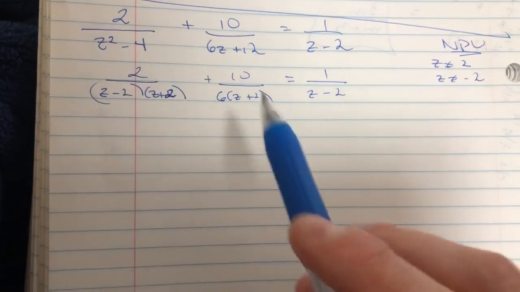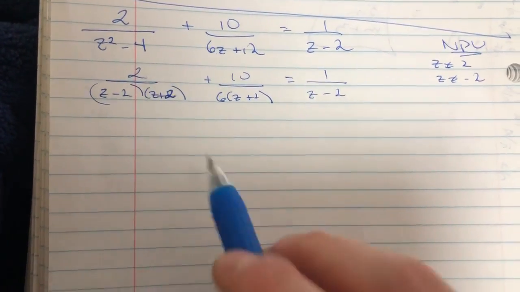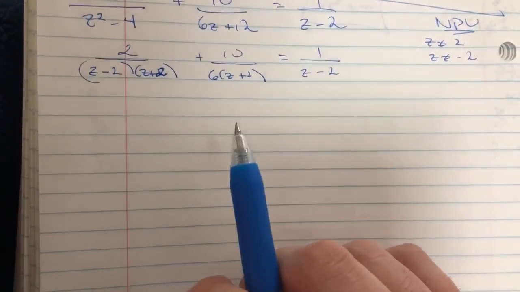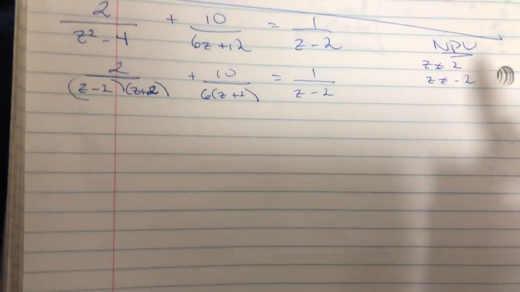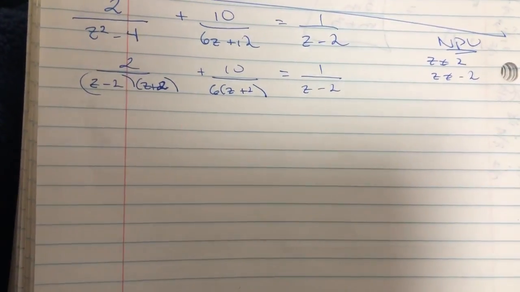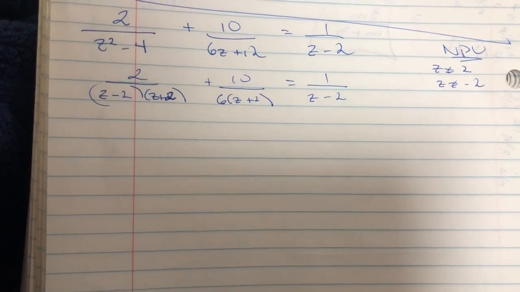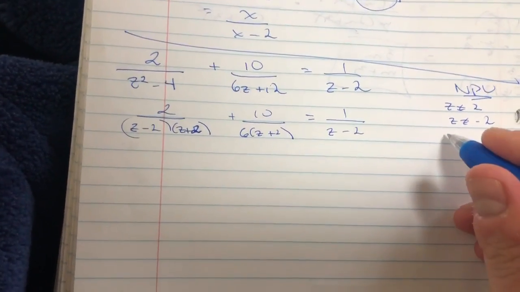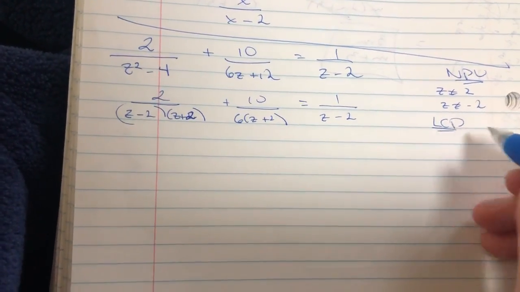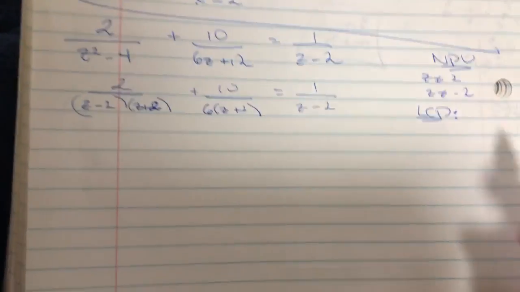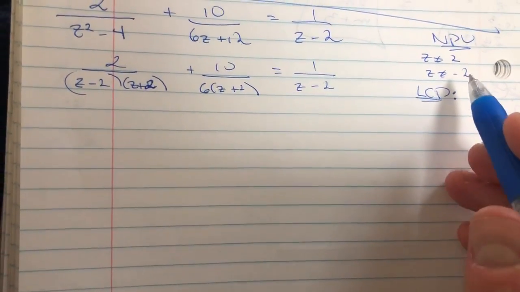And then I'm going to multiply both sides by that lowest common denominator, okay? And then that will result in the factors canceling out and then making our calculations a lot easier to do, okay?